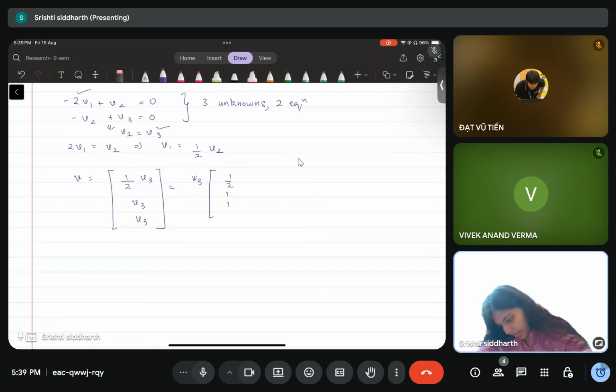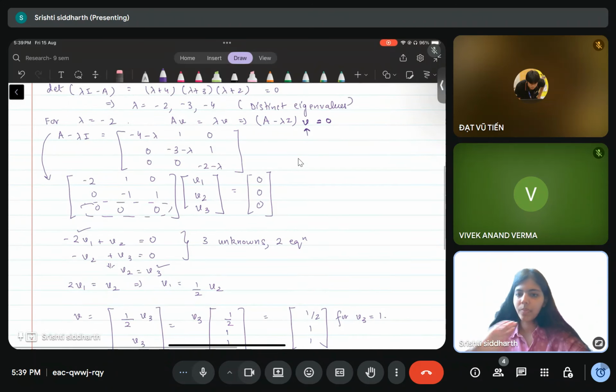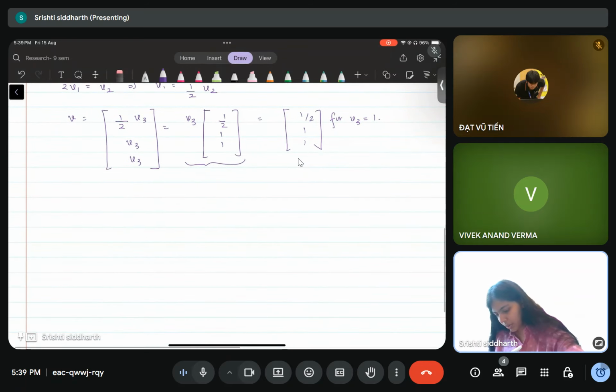That is, half, 1 and 1 for v3 equals 1. This is the set of all eigenvectors corresponding to lambda equals -2. Alright, so let's see the other two eigenvalues.